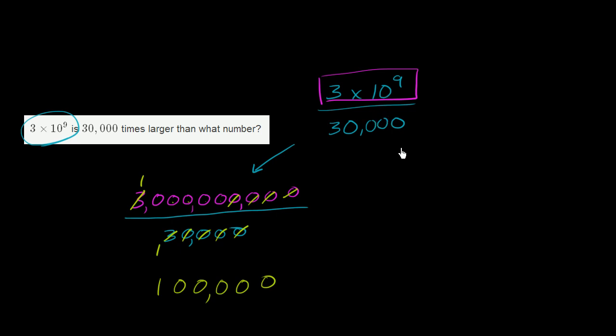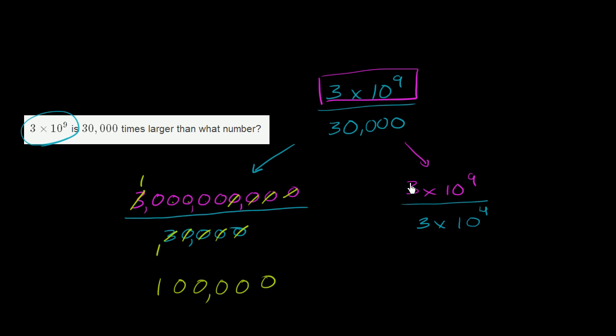So 3 times 10 to the ninth, I'm just going to rewrite that as 3 times 10 to the ninth. And we're dividing that by 30,000, which is the exact same thing as 3 times 10 to the, we have 1, 2, 3, 4 places after the 3. So 3 times 10 to the fourth.